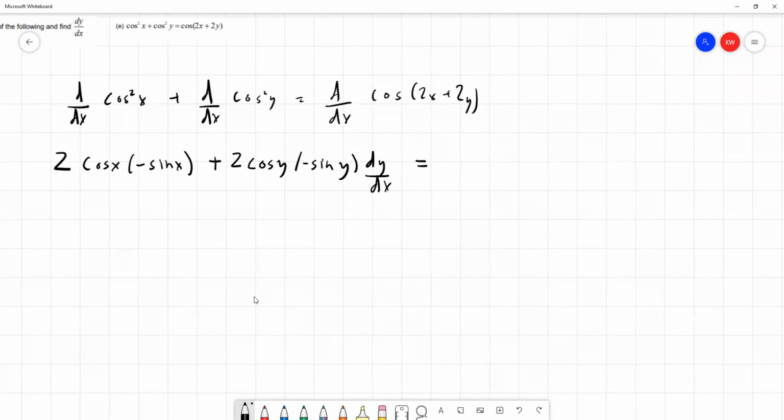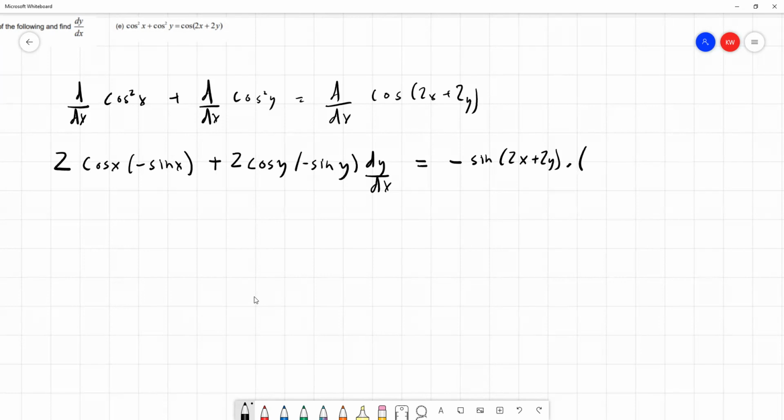Going across to the other side, we're dealing with a function in terms of x and y, but that shouldn't change our approach. We start methodically and say, if we ever have to differentiate cos, we're going to have minus sin of the thing we were differentiating, which is 2x plus 2y. And then we multiply by the derivative of the content of that bracket, 2x plus 2y.